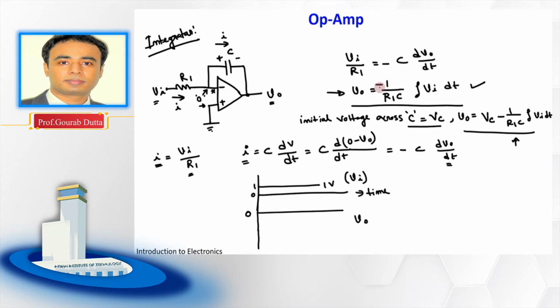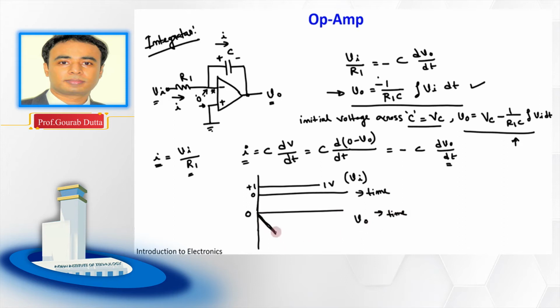But what will be the polarity? If we have applied plus 1 volt here, then at this Vout, from here you can see there is a negative sign. And from this circuit you can also see Vi has been applied to the inverting terminal. So the output is going to be of negative polarity. So this output will be a linear function of time, because this is the time axis.